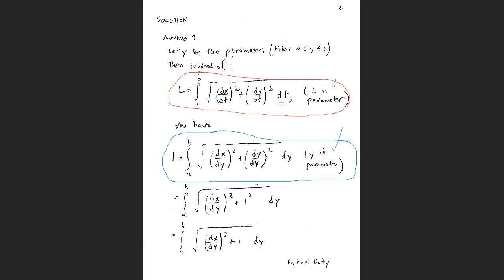What I did here then is dy over dy. What's dy over dy equal to in the second formula? 1. And then y to the second power is just 1. Correct.